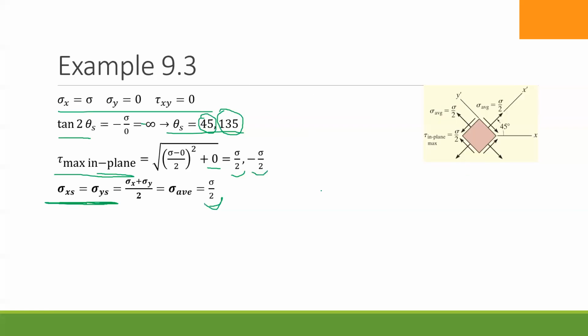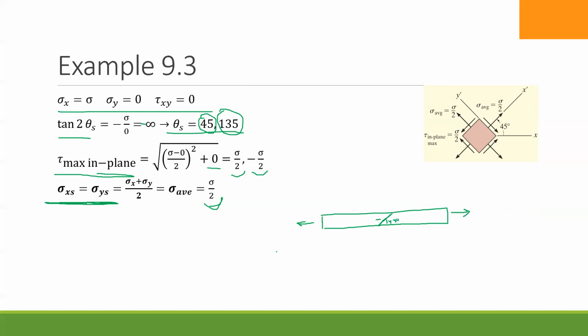Is there any geometrical representation in the system? Yes, again 45 degrees. Hocam, how can we compute this? For example, sometimes we have a crack like 45 degrees.